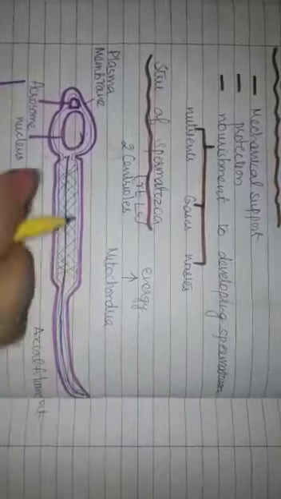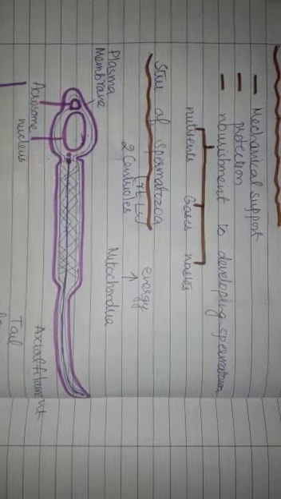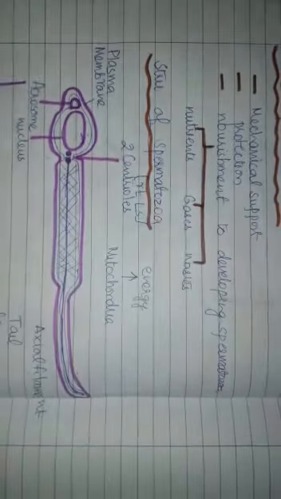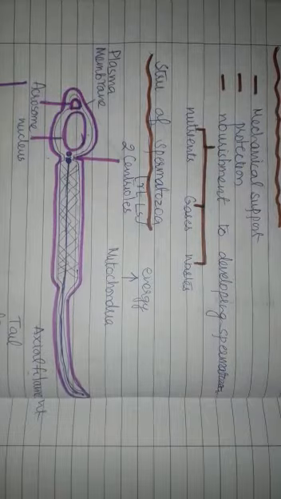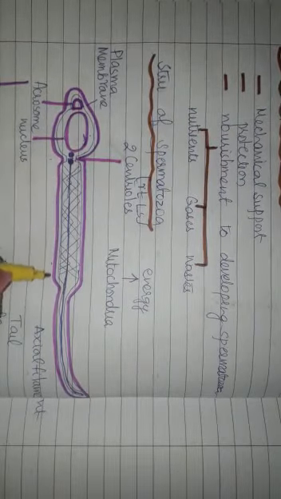Then this is the neck region. In the neck region there are two centrioles, which are placed at right angles to each other, one behind the other. Then the next portion is the middle piece.